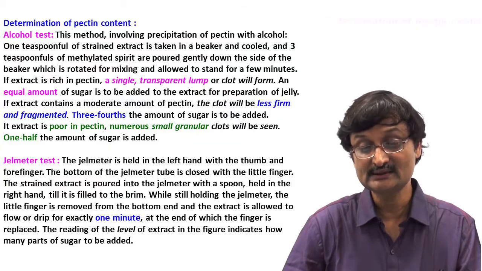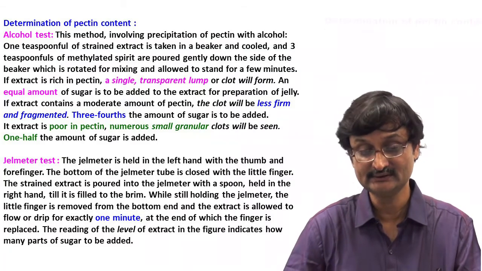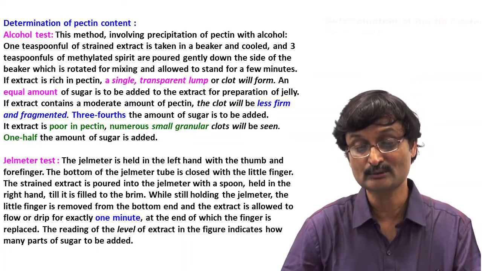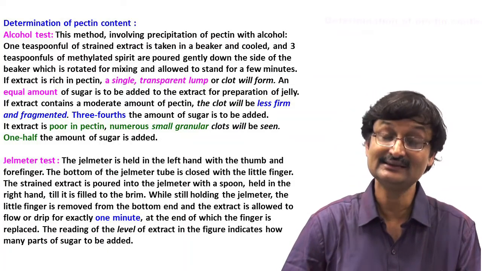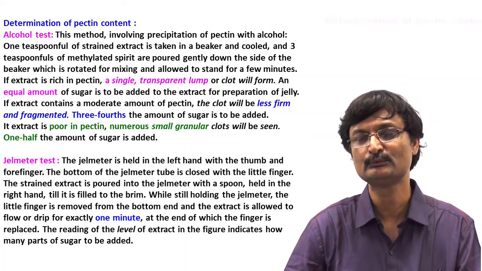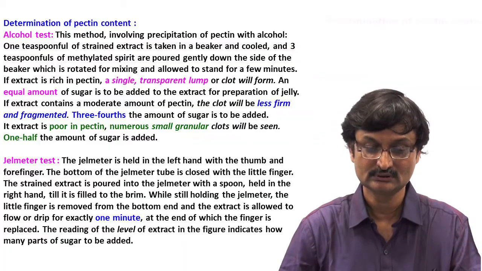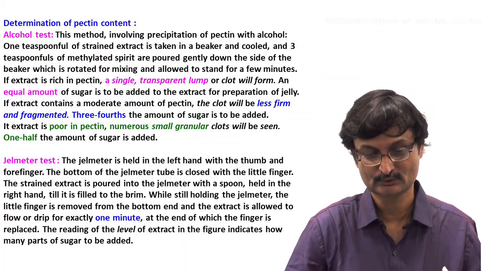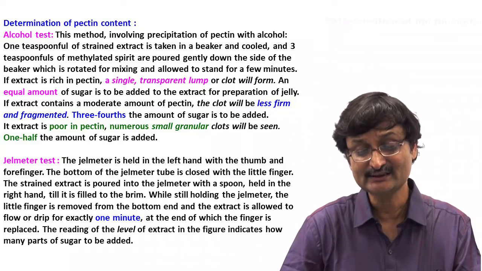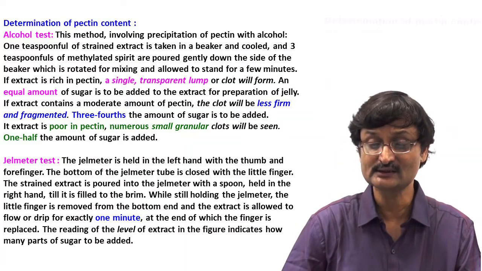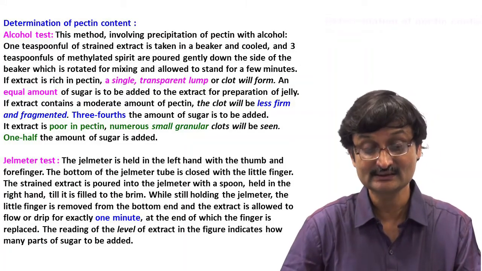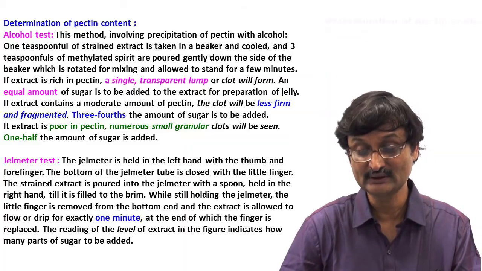If the extract contains a moderate amount of pectin, it shows a less firm and fragmented clot, and in this case 3/4 amount of sugar is added, meaning 750 gram in 1 liter of pectin extract of fruit. Now if the extract is poor in pectin, numerous small granular clots will be formed, and in this case 1/2 of the amount of sugar is added.